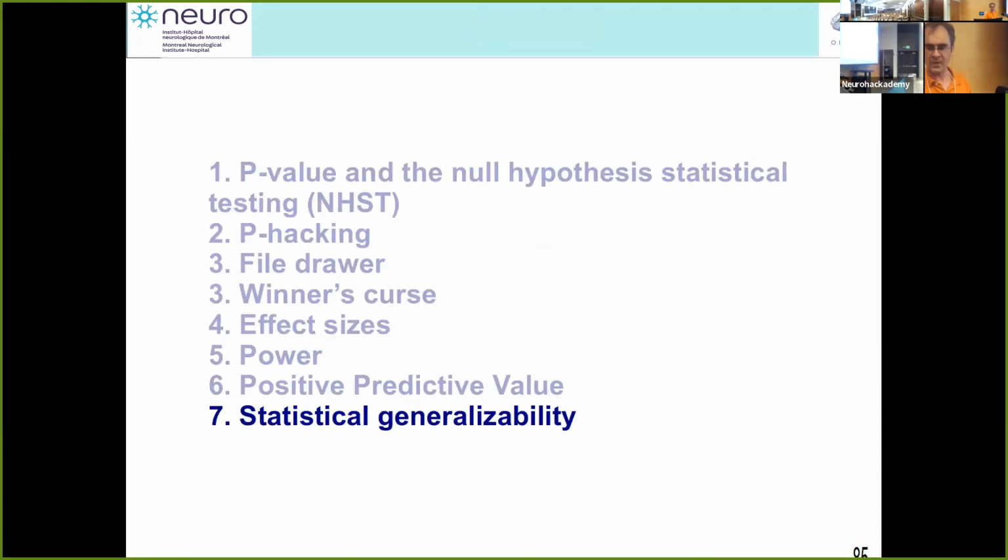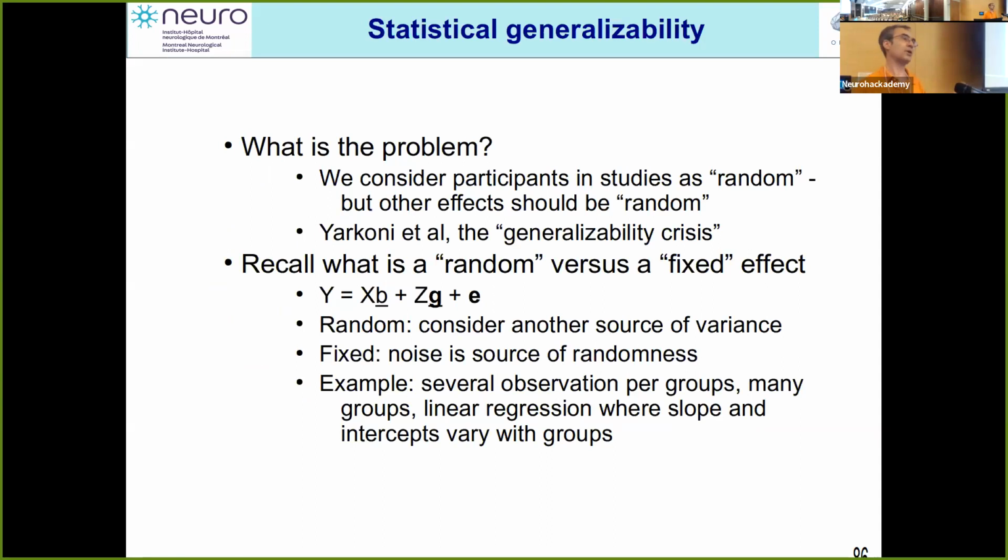All right. And the last point before I move to the conclusion of that talk is statistical generalizability. Tal, who used to co-organize this NeuroHackademy summer school, showed that there are a lot of effects that are modeled as fixed effects in experiments that should be modeled as random effects.